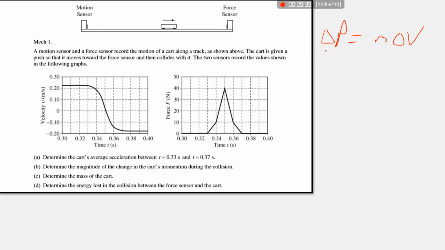So if my impulse is mΔv, that means my mass is my change in momentum over my change in velocity. Mm-hmm. Okay, what was our change in momentum? 0.6. 0.6 was how much momentum we gained, so what was our change?